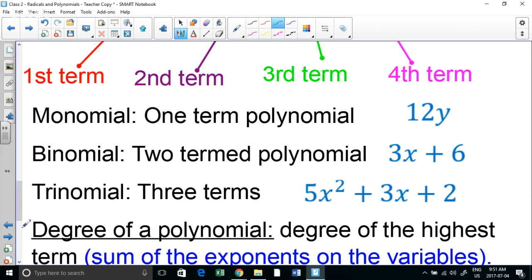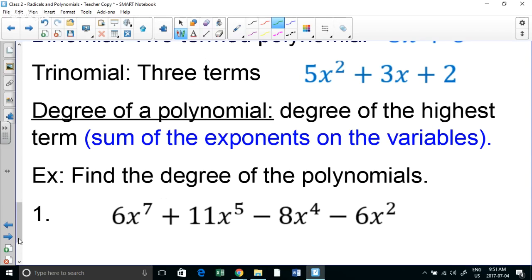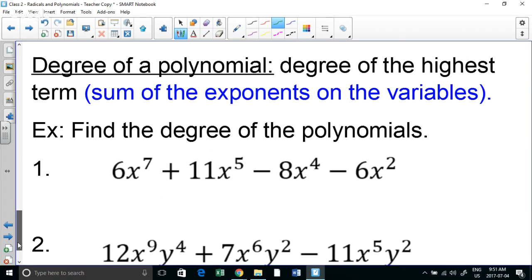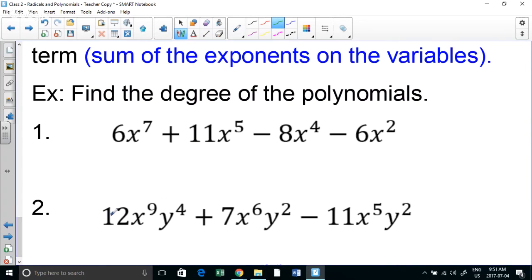So the degree of a polynomial is a little bit different than the degree of a monomial. For the degree of a polynomial, we have all these different terms that would theoretically each have their own degree. So what you do is you identify the degree on each of the terms. Here we have 7, so this term has a degree of 7.